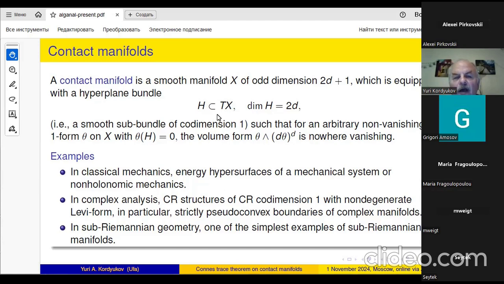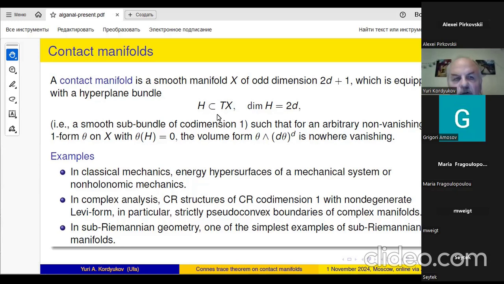So not every vector field on the manifold is tangent to H. But any vector field can be represented as a sum of vector fields tangent to H and a vector field which is a commutator of such fields. And this is the simplest example of a sub-Riemannian manifold.